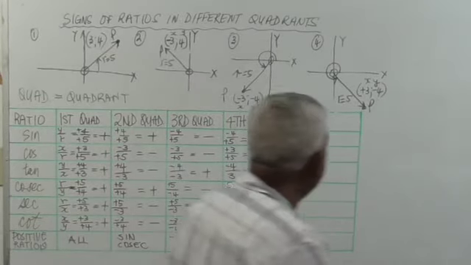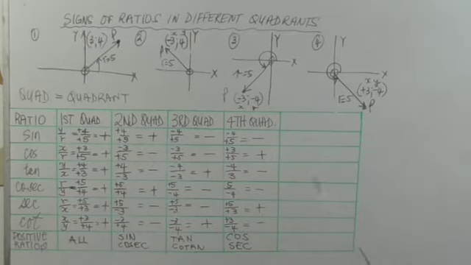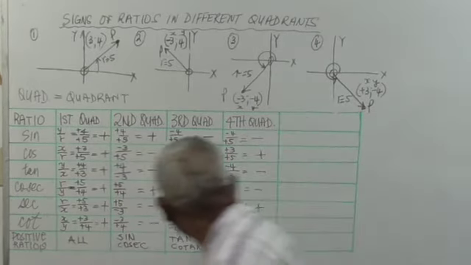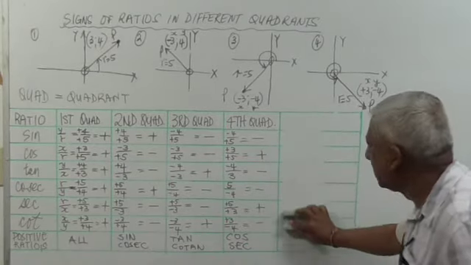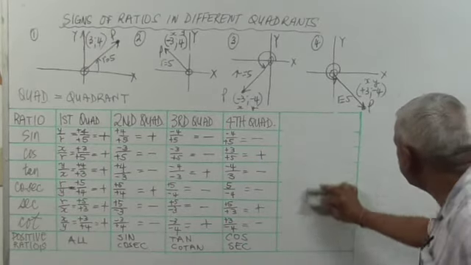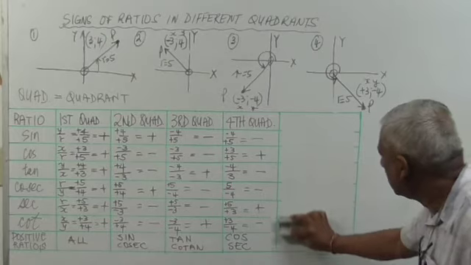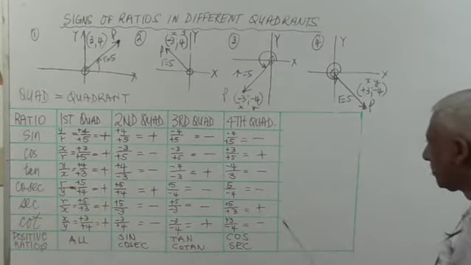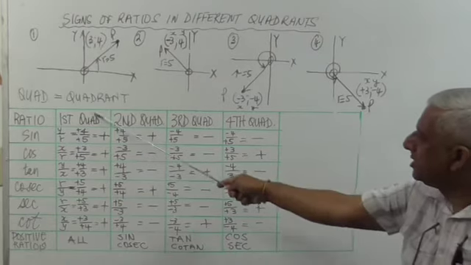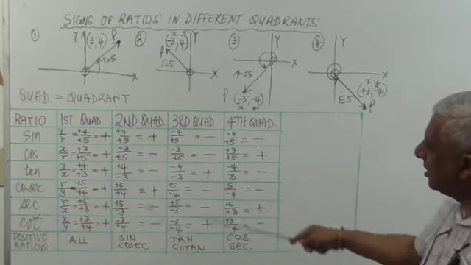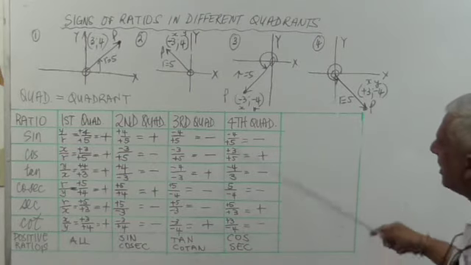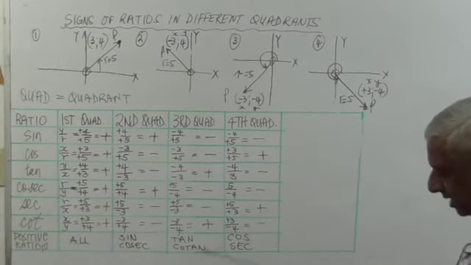Let's do the summary here. Now, in the first quadrant, all are positive. In the second quadrant, sine and cosec. Third, tan and cotan. Fourth, cos and sec.